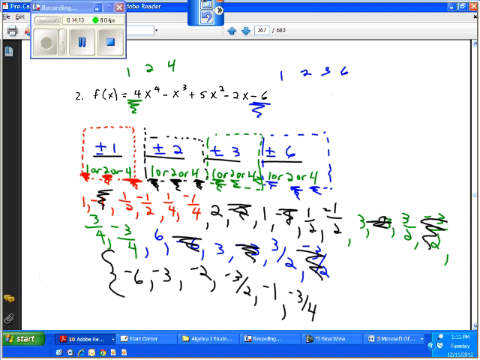Negative 3 over 4. Negative 1 half. Negative 1/4. This is good lining up fractions least to greatest. Next is positive 1/4, right?